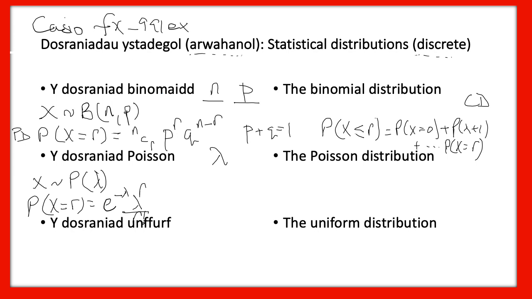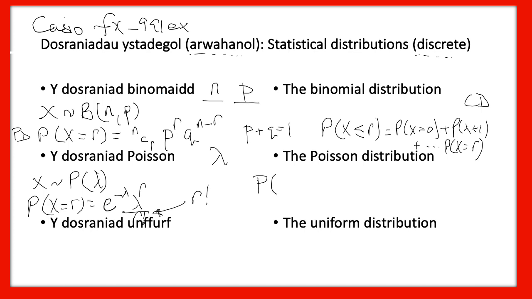That really isn't particularly well written there, because I've written my factorial bit in there. R factorial, of course, is r times r minus 1 times all the way down to 1. So this bit here, which I've run out of space, is r factorial. Okay, and again, we'd use tables or calculators if we want probabilities.